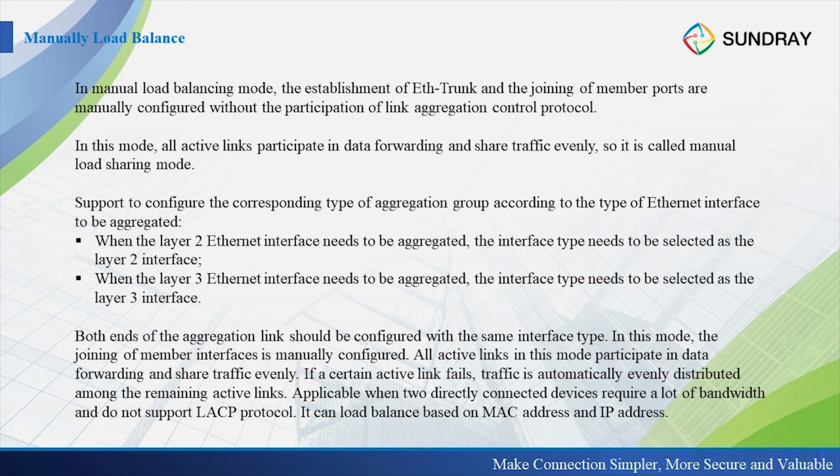You just need to make sure what layer you want to aggregate the ports at. For both ends of the aggregation link, it should be configured with the same interface type. In this mode, the joining of the member interfaces is manually configured.